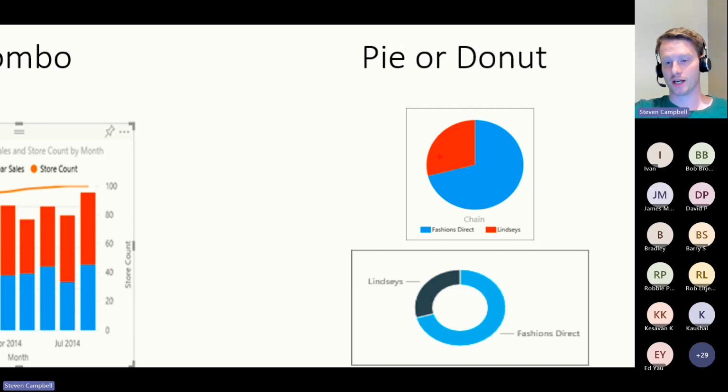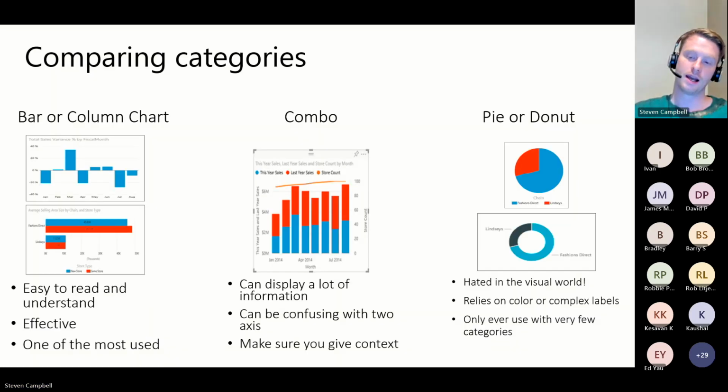It's much harder to visualize area, as we'll see, than it is lines and straight height. If you only have two variables, sometimes pie charts can be okay, but you'll never get the accuracy you would with a simple column chart. Yes, pie is for dinner only, I agree. I never think there's a point. I like to use bar or column.